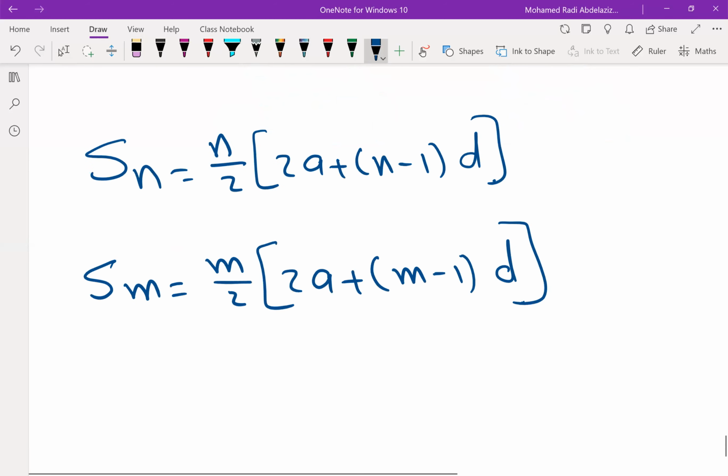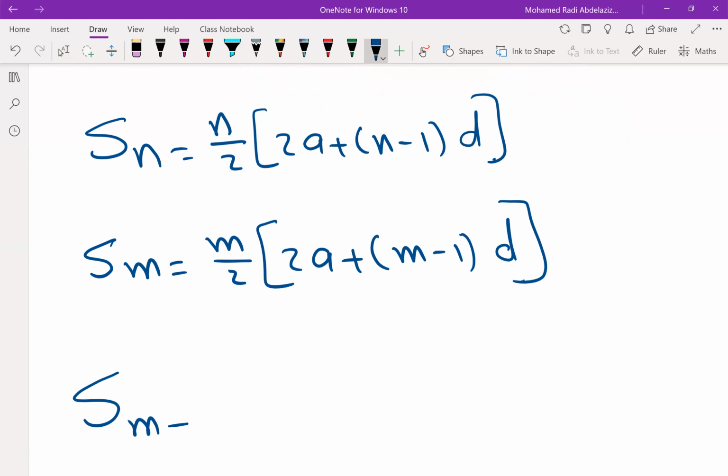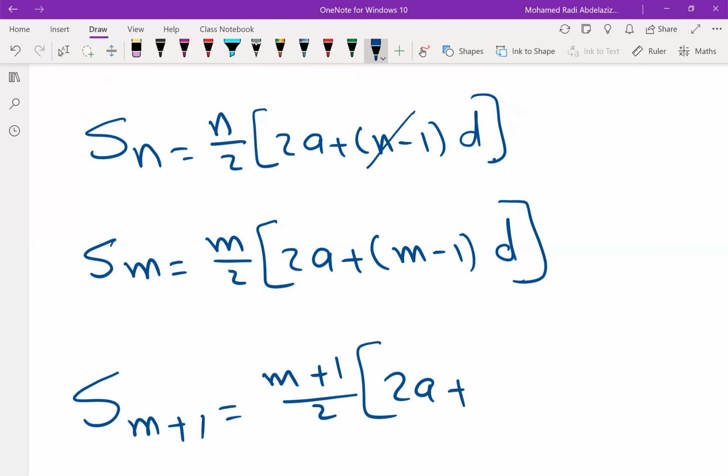It's given Sm is equal to S(m+1). S(m+1) is m plus 1 divided by 2, 2a plus m plus 1 minus 1 times d.